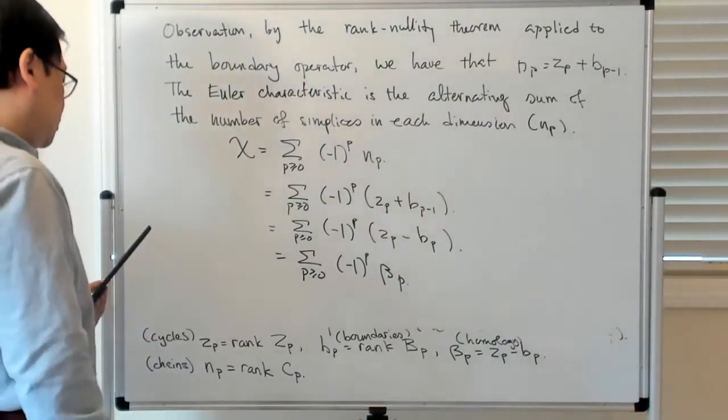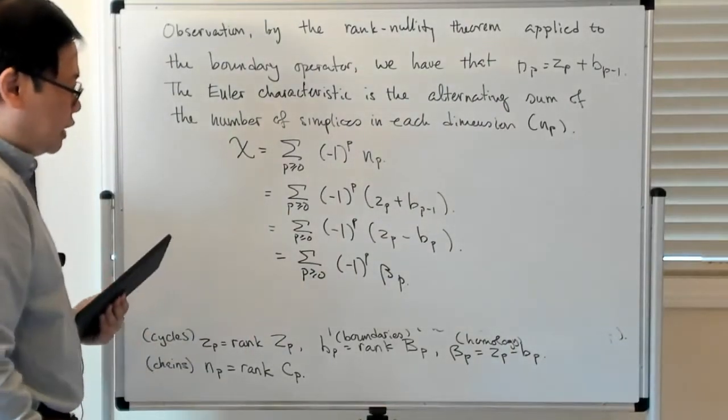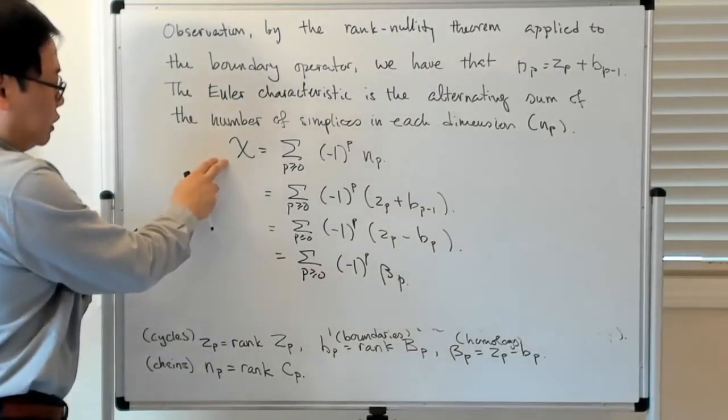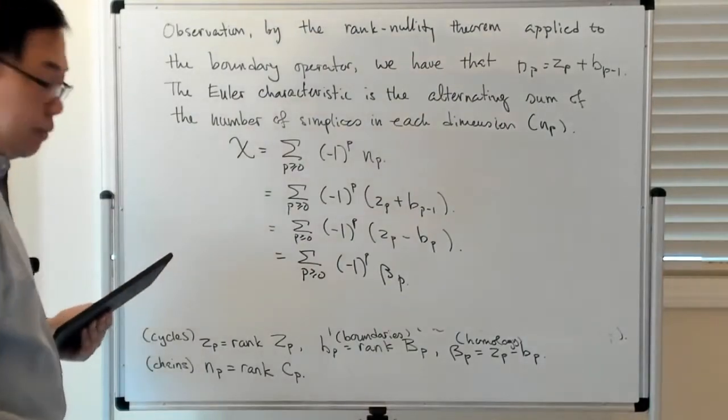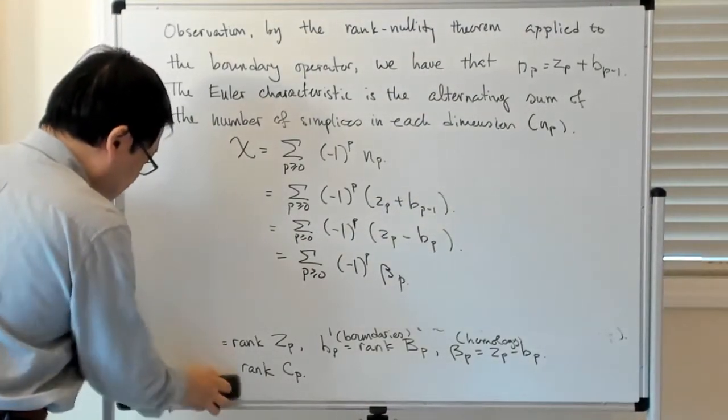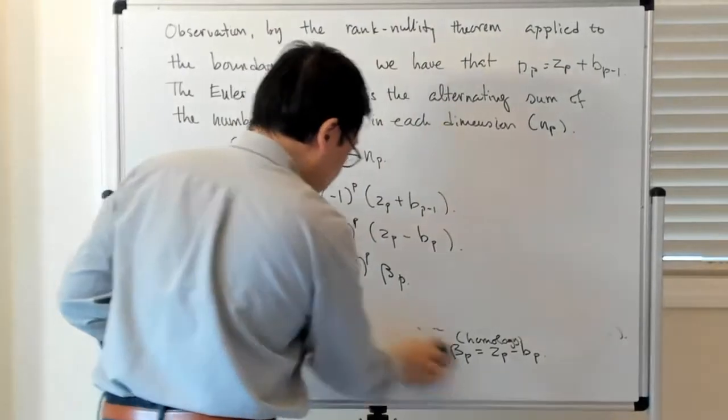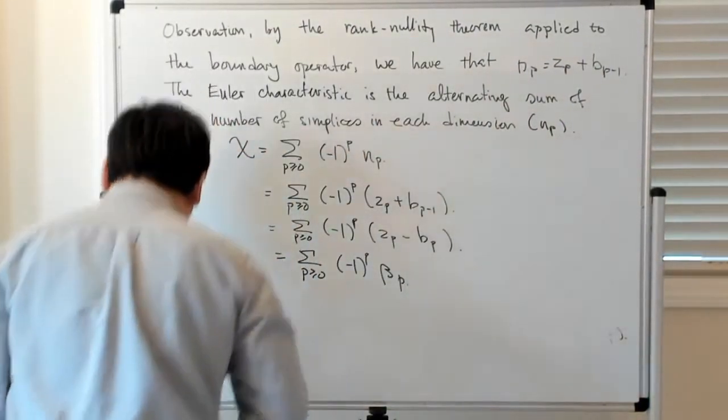So the advantage of this expression is that it's clear that the Euler characteristic can be derived from things which just have to do with homology. Let me say that a little bit.